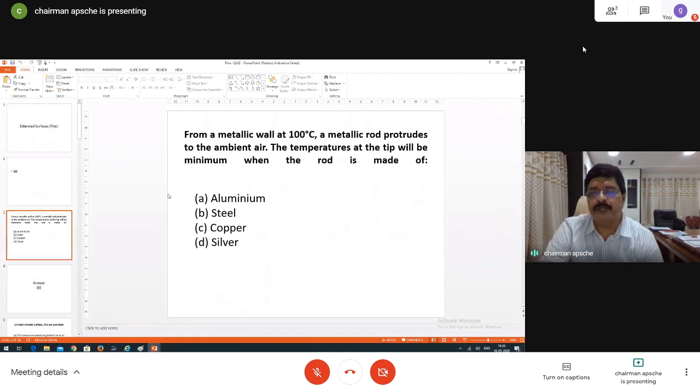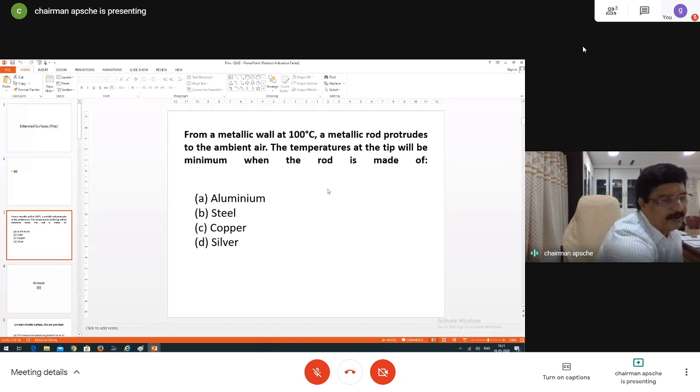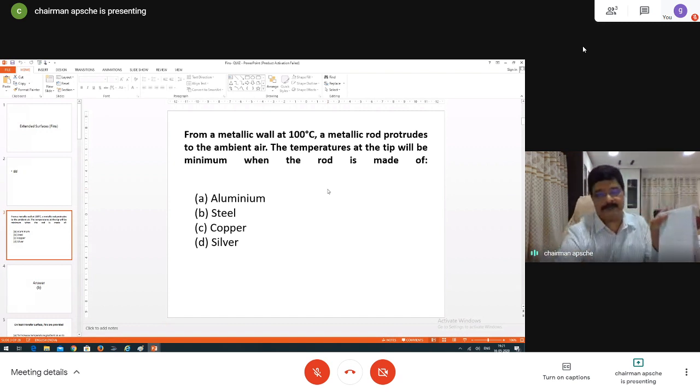A few questions on extended surfaces, pins. From a metallic wall at 100 degrees centigrade, a metallic rod protrudes into the ambient air. The temperature at the tip will be minimum when the rod is made of which material? It doesn't require much investigation.